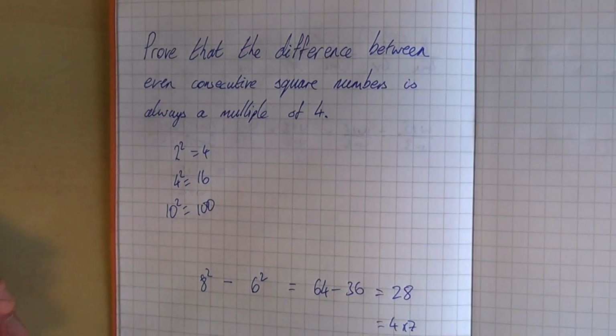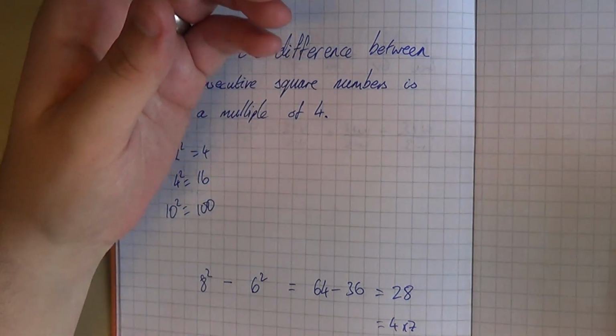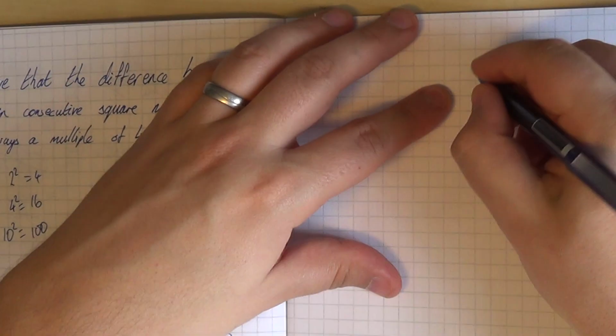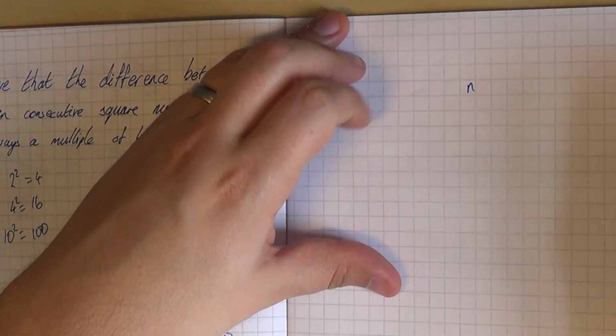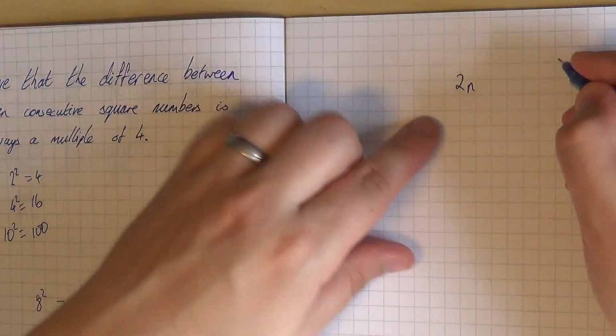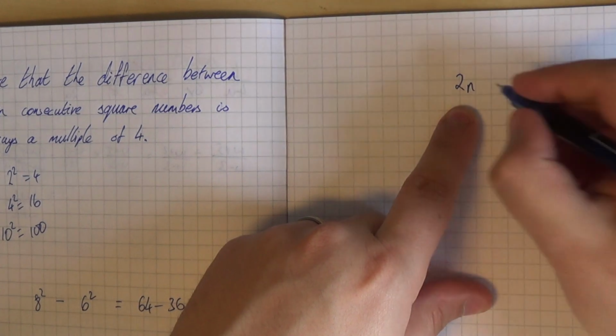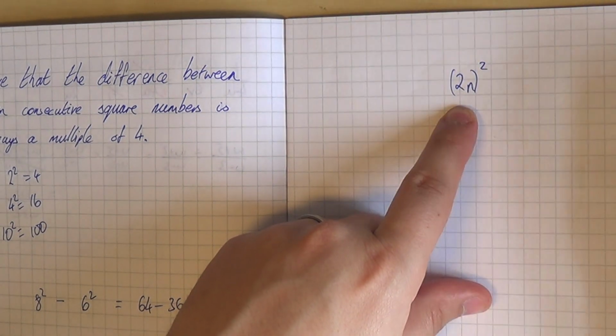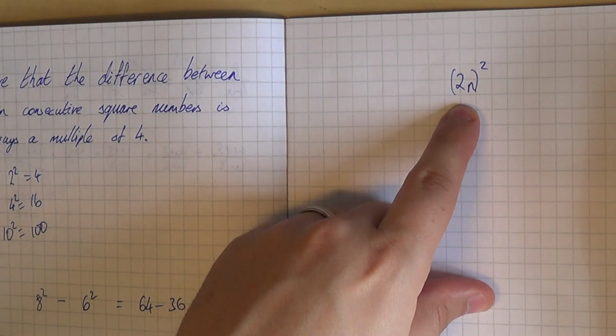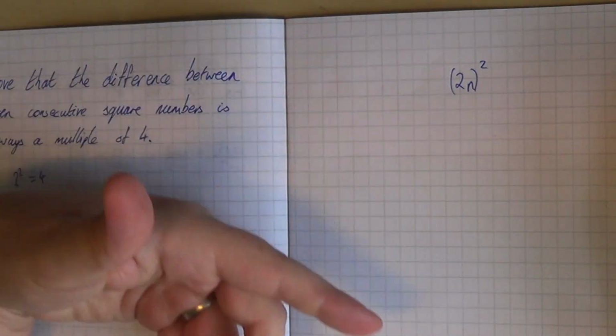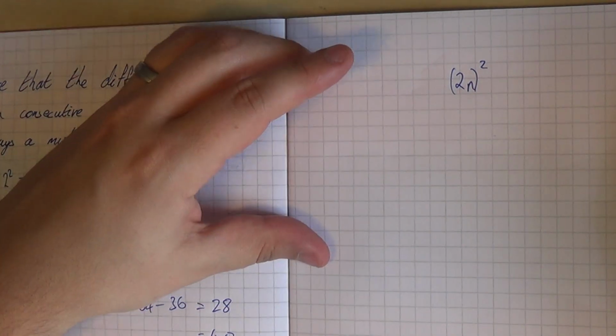So how can we write an even square number? Well, we can take what is an even number, so that's some integer, n, doubled. So that's an even number, and if I square that, that's an even square number. What's the even square number after that?